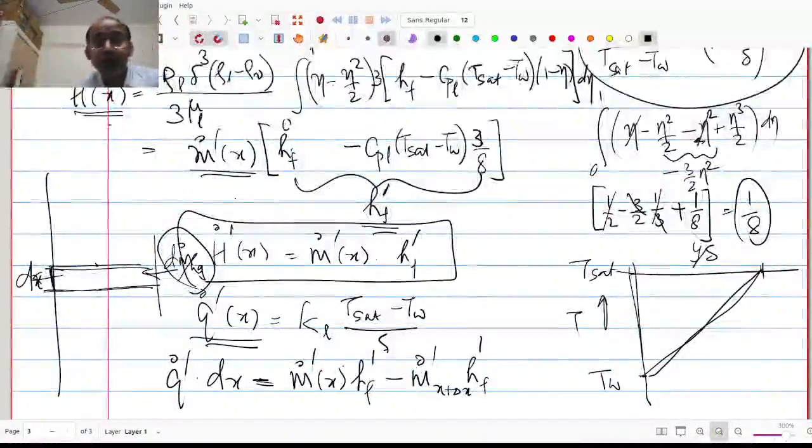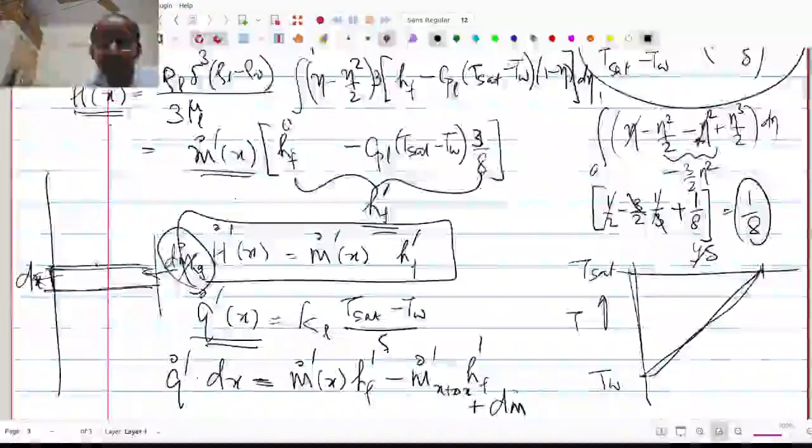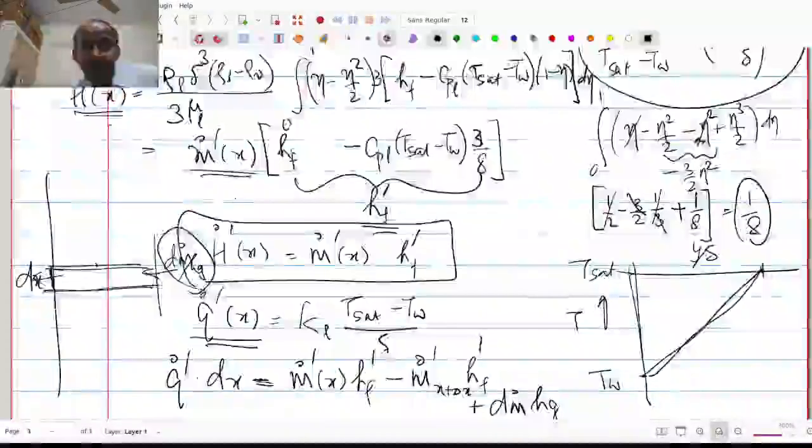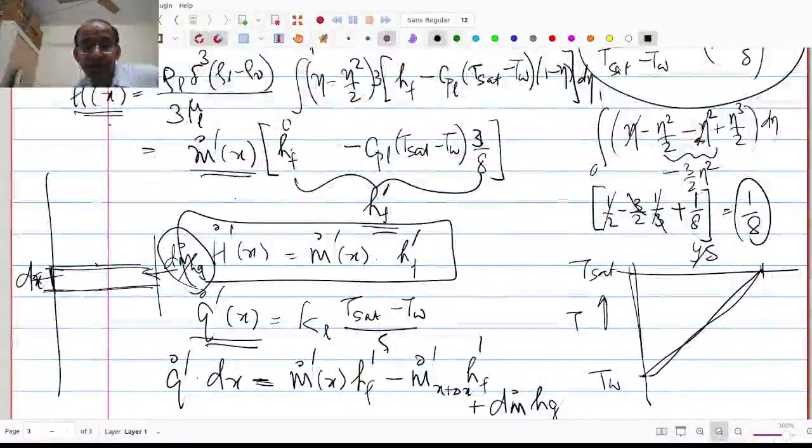So those two come, and there is a thing that is coming which will be dm dot. So this is getting added, dm dot multiplied by hg. So if I look at this, this actually becomes minus dm dot into hf prime and plus dm dot into hg.